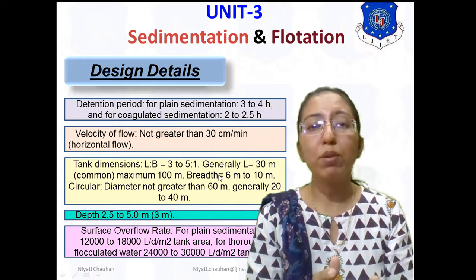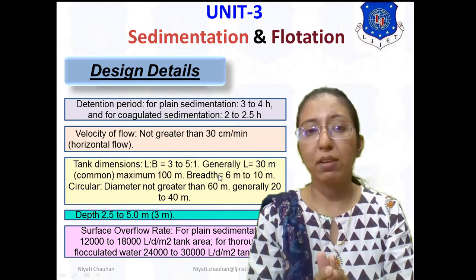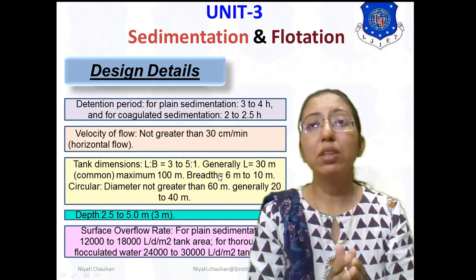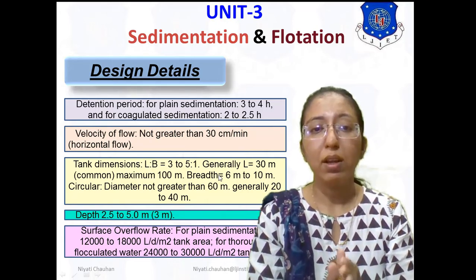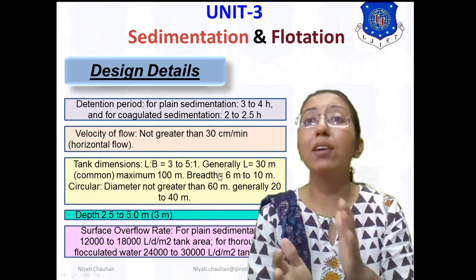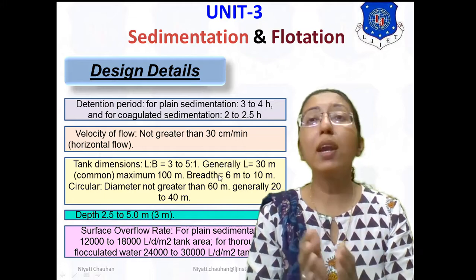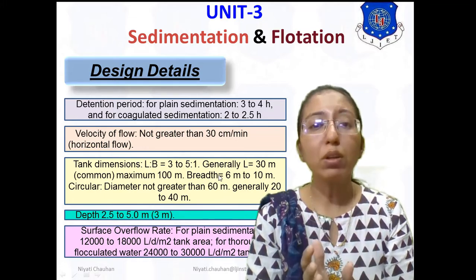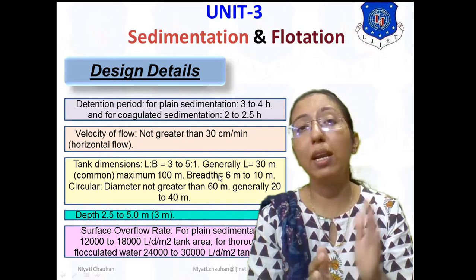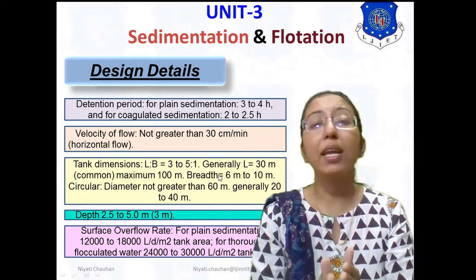Surface overflow rate for plain sedimentation is 12,000 to 18,000 liters per day per square meter of tank area. For coagulated water it is 24,000 to 30,000 liters per day per square meter of tank area.